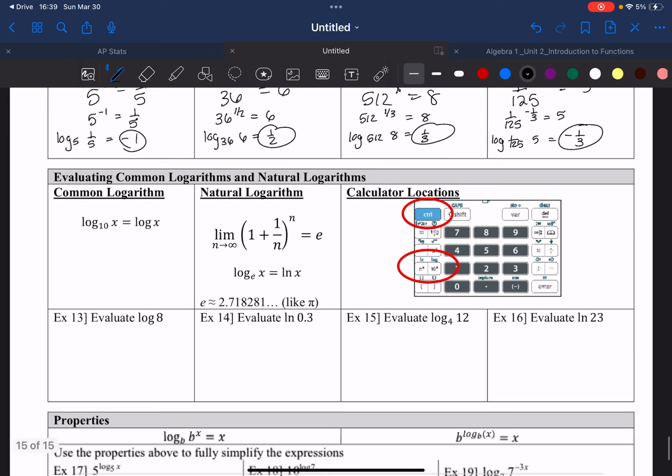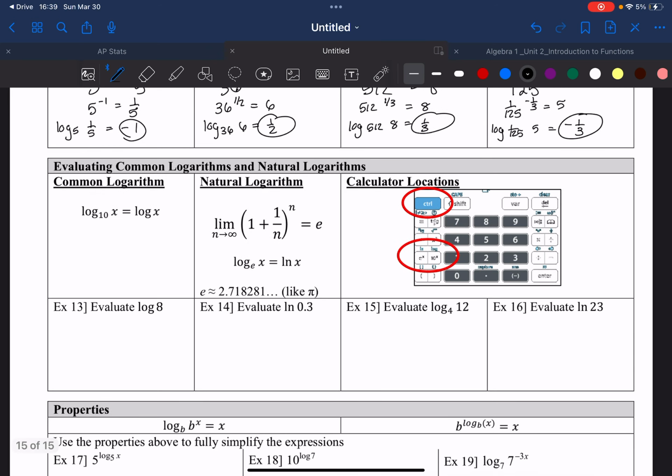Okay. For the next part, it's showing you a way to do this on your calculator. So what I want you guys to do is pause this video and go ahead and try these all out on your calculator. We talked a little bit about this in class the other day when I was mentioning that the natural log is the same as saying log base e of x, where e is just a number, 2.71, so on and so forth, just like pi.